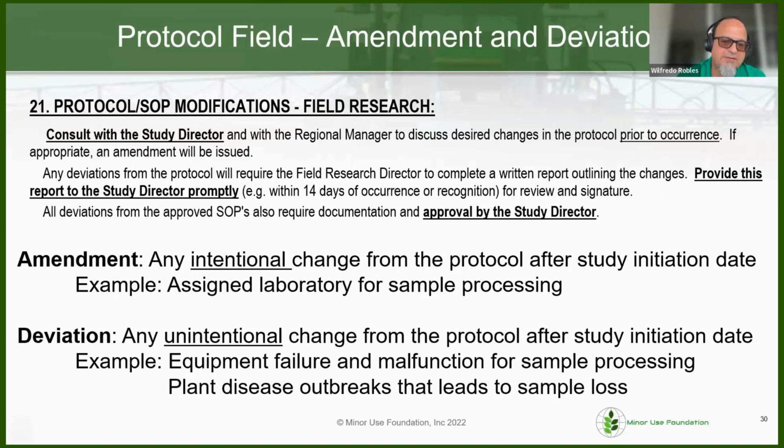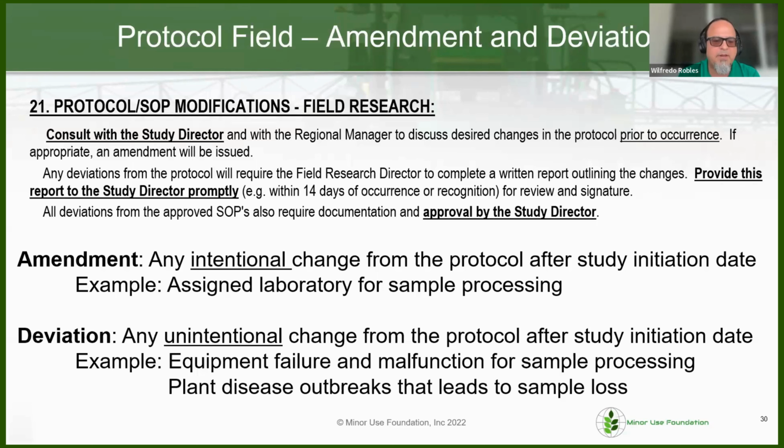So they can assign the lab later by issuing an amendment to the protocol. You can start the trial in the field, and the study director will make this amendment and assign the lab later. That's completely fine.